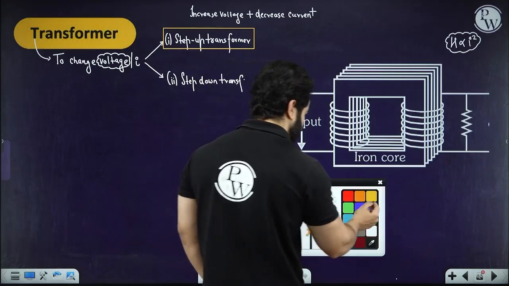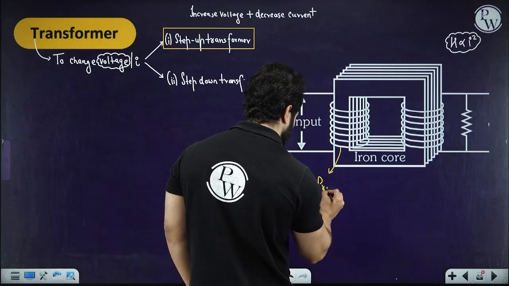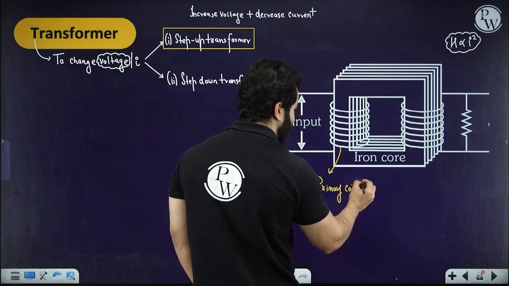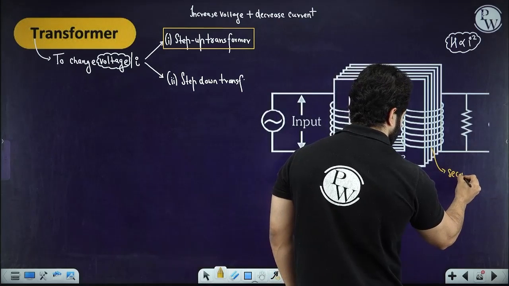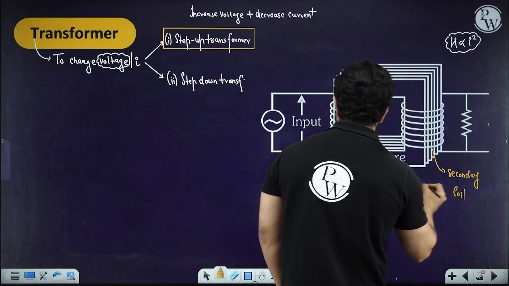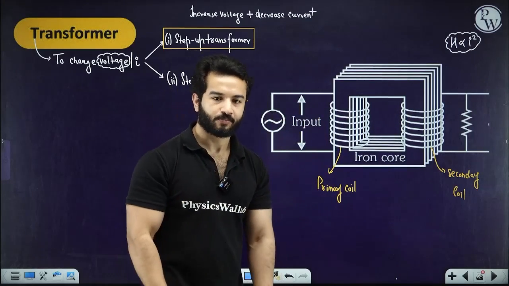We have wound the primary coil, so this is the primary coil, and on the same core we have also wound the secondary coil. From the primary coil you have your input alternating voltage, right?